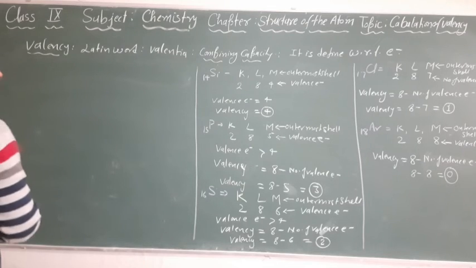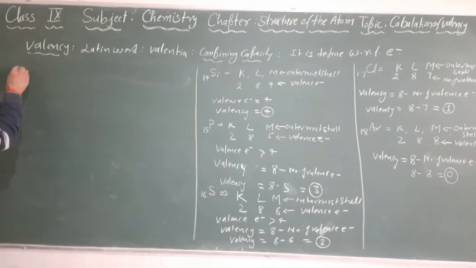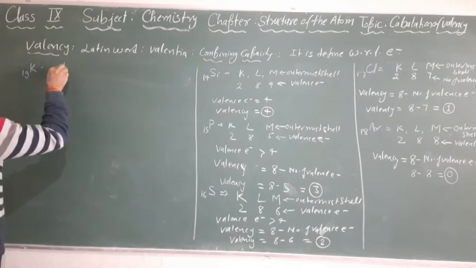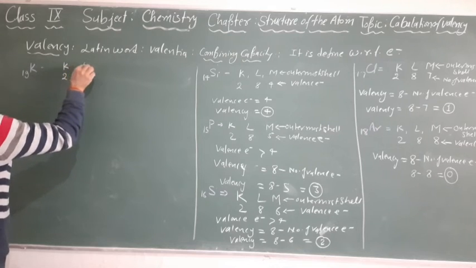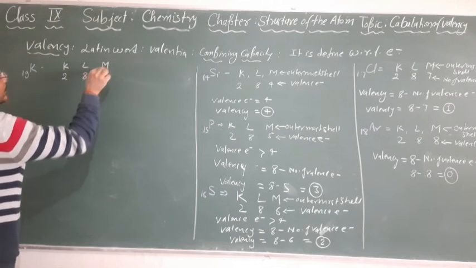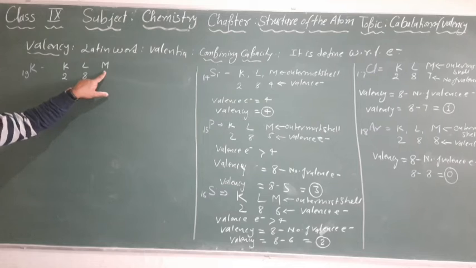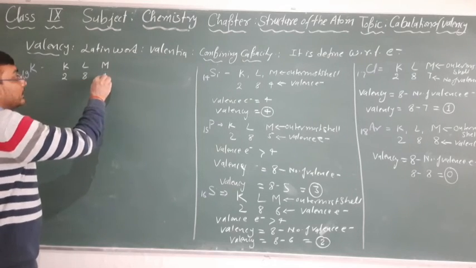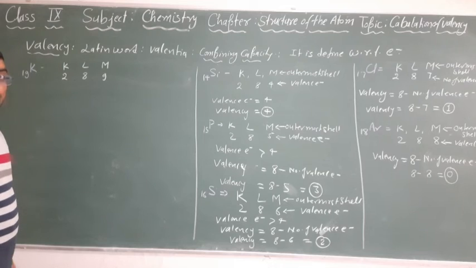Now after argon, potassium 19, electronic configuration K 2, L 8, M. Now M has a maximum accommodation ability of 18, so can we write 9?